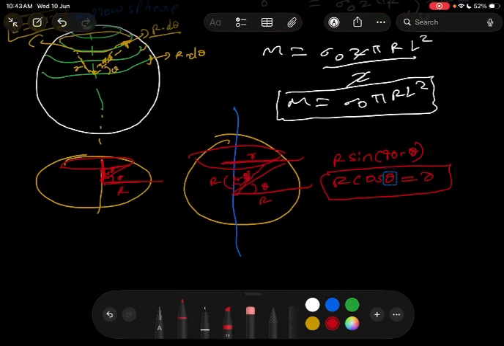So why did I break my mind to find that one? Very simple. And let's say that the density is some sigma again. This is areal density because it does not have volume.